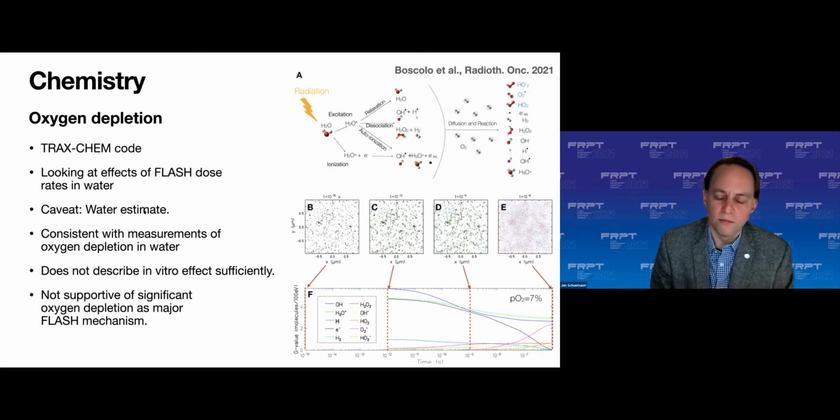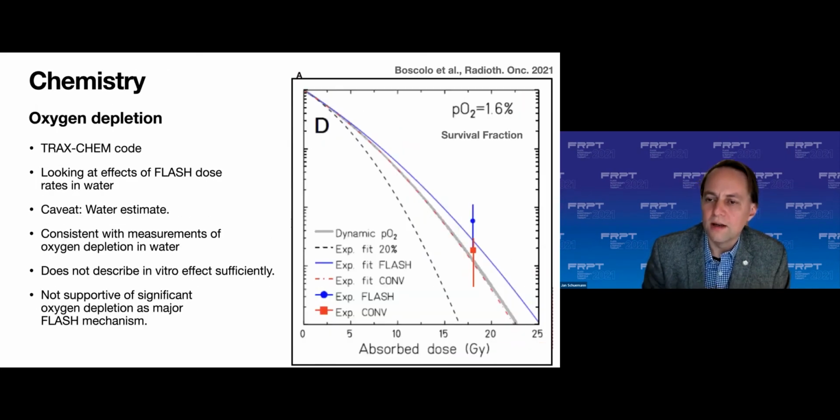One of the caveats is, again, that it is a water simulation, but it's consistent with the measurements of oxygen depletion in water. And they very interestingly looked at the effect on survival compared to experimental data. You can see here the gray shaded area is actually the difference between their predicted flash and conventional dose rate irradiations.